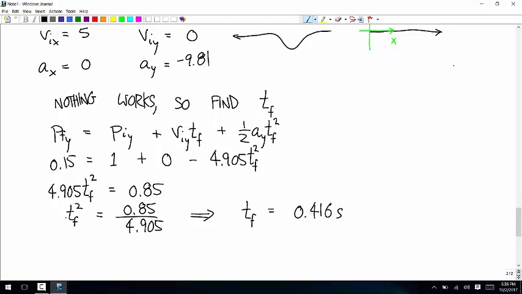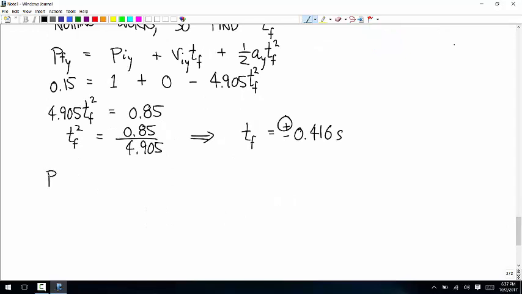0.416 seconds. It's a square root, so that's plus or minus, but with time we always want the positive one. That's not what we were trying to find. So now we need to use that time final to figure out what PFX is.